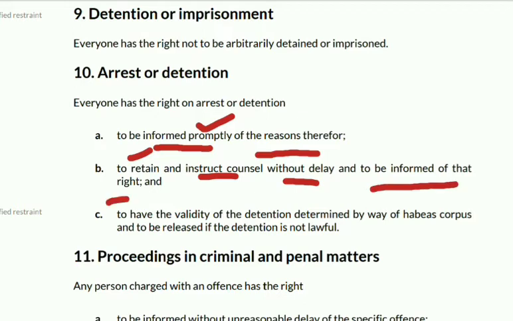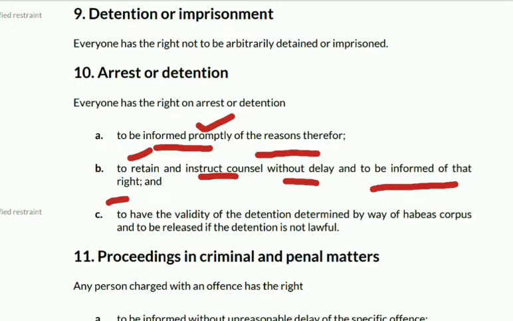He has the right to get a counsel without any delay, and he has the right to appoint a counsel, and this right is to be informed to the person arrested at the earliest without any delay.